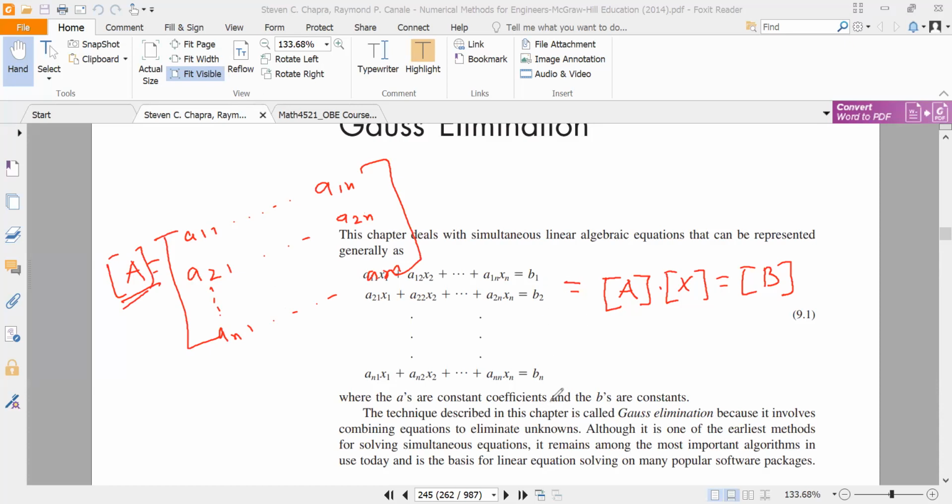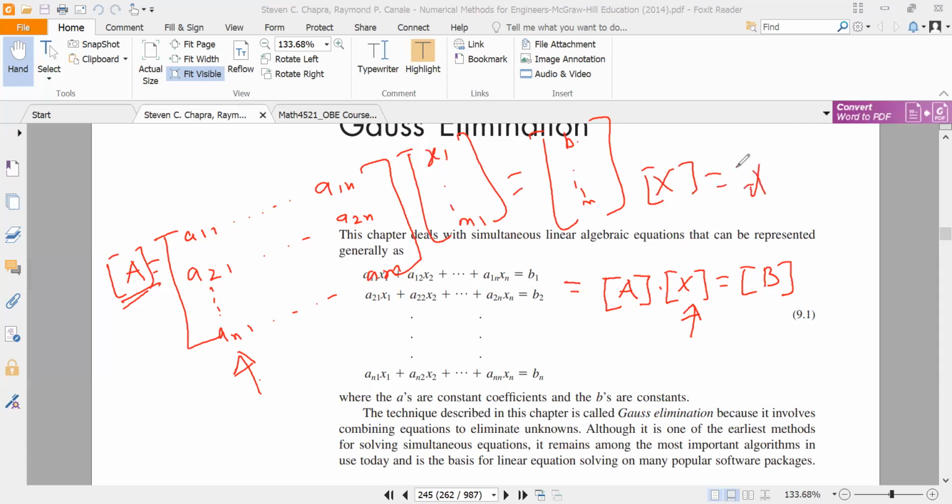Yes, sir. Then X will be a column matrix, x1 through xn, and B will also be a column matrix from B1 to Bn. Then by using the matrix inversion technique, X is equal to A inverse multiplied by B.